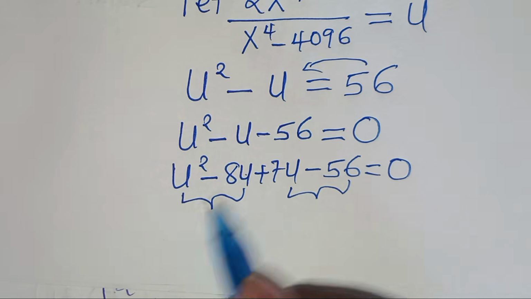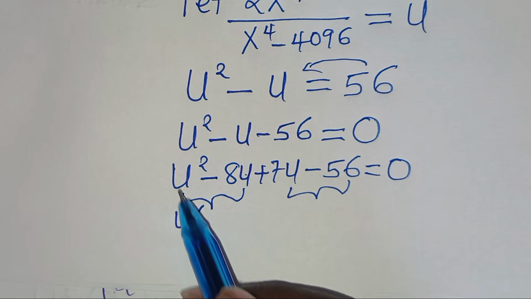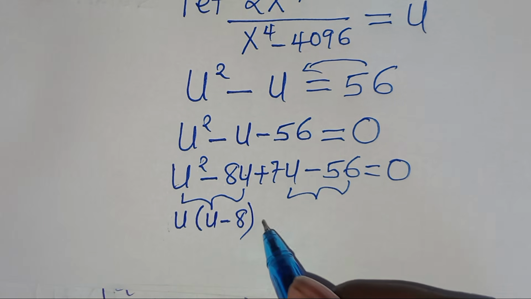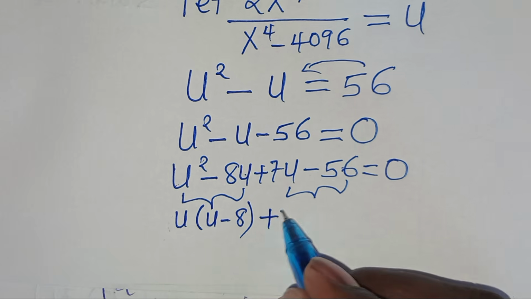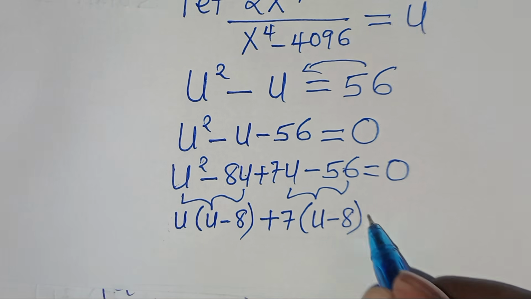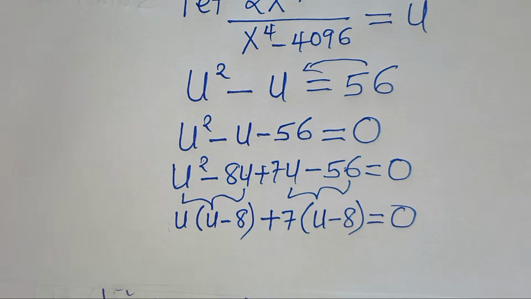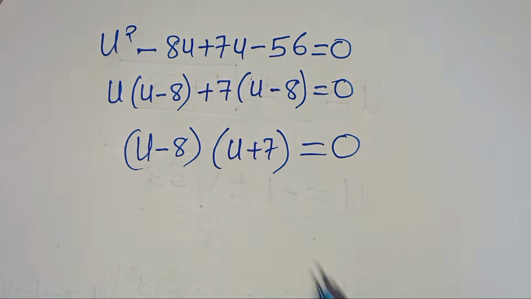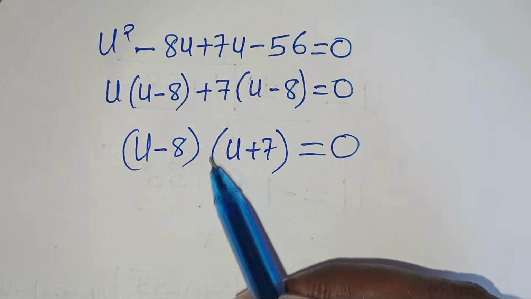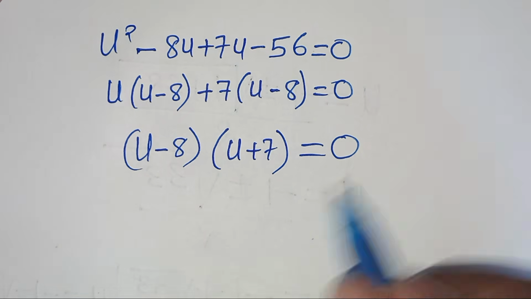That is, u is common in the first part. U squared divided by u, this is u minus 8. Then plus 7 is common here. Let's factor out 7. So this is u minus 8. And this is equal to 0. So we have u minus 8 is common here. So u minus 8. Then we have u plus 7. This is equal to 0.